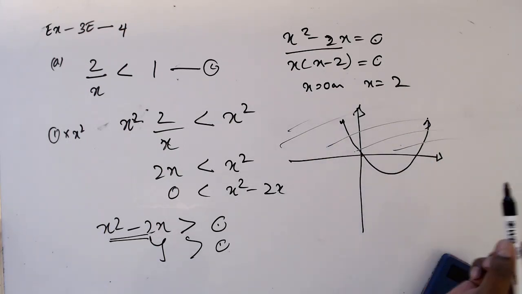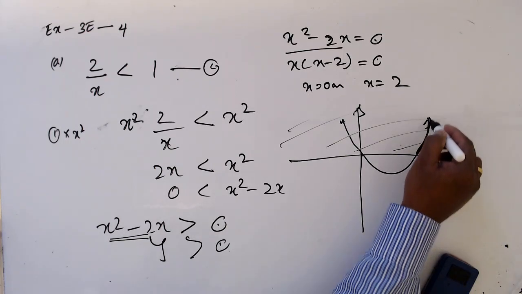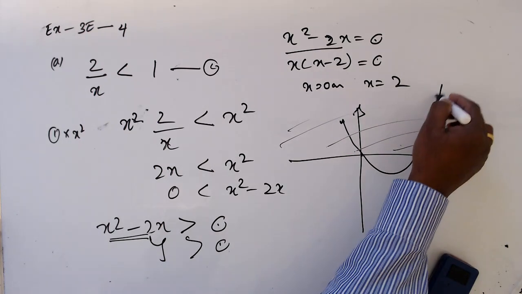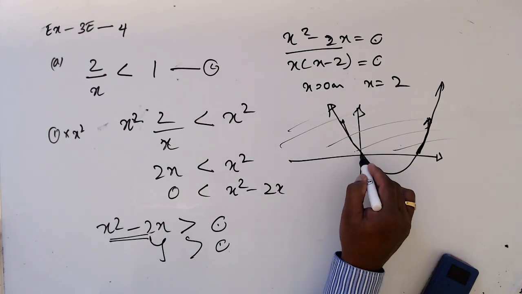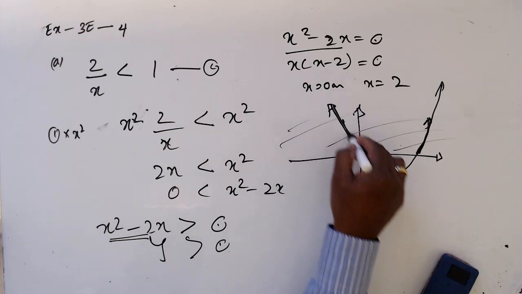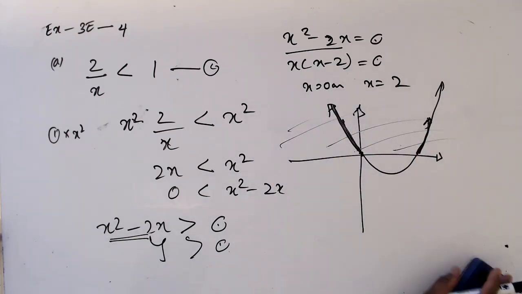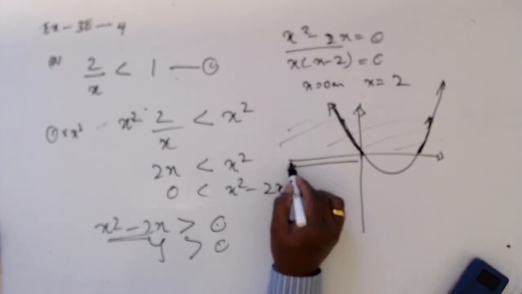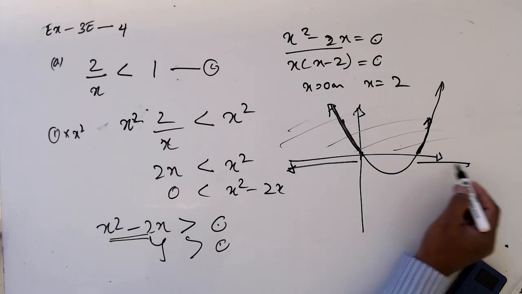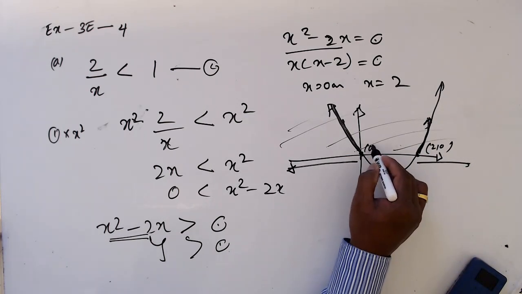This is the area, and I can see this part of the curve in the positive area. In terms of x, this is the area. We know this point is 2, 0 and this is 0, 0.